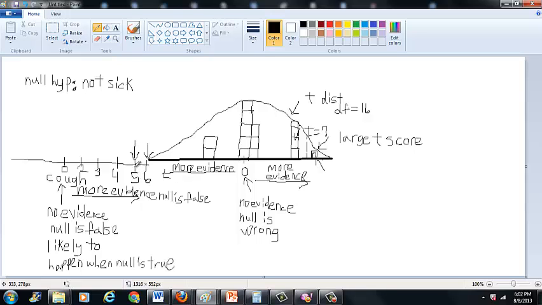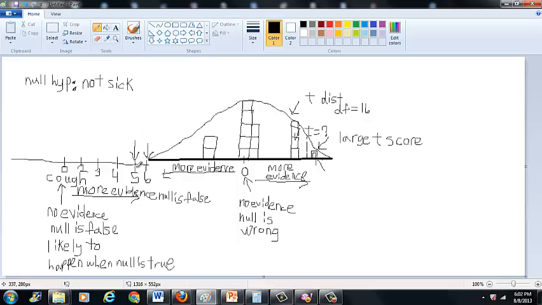This is the point where I am willing to reject the possibility that I'm not sick. And if I cough 5 or more times in the same day, I'm going to reject this null hypothesis, because coughing 5 or more times is too unlikely. It's such an unlikely thing to happen when the null is true that I'm going to reject the null hypothesis.